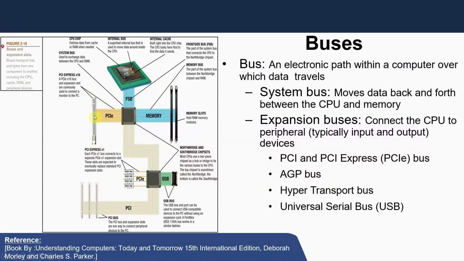The expansion slot is also connected to the bus. In between all these buses, we have the IC that is interconnecting all those things, for example, the PCI cards, expansion cards, the processor, and the memory.